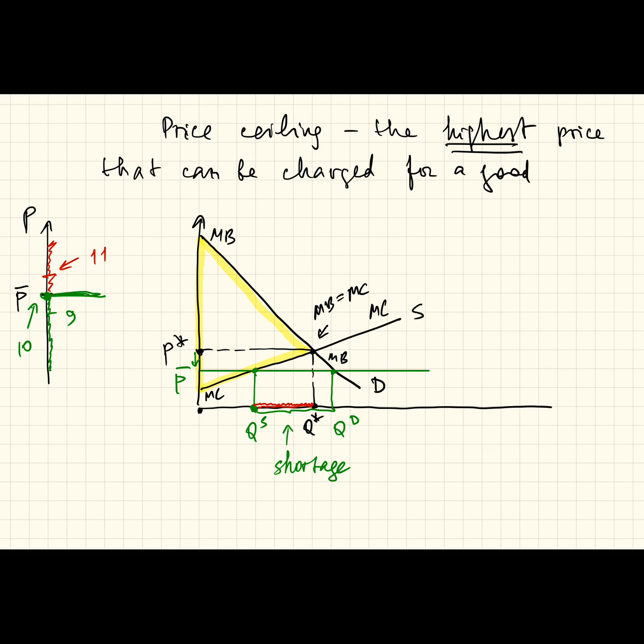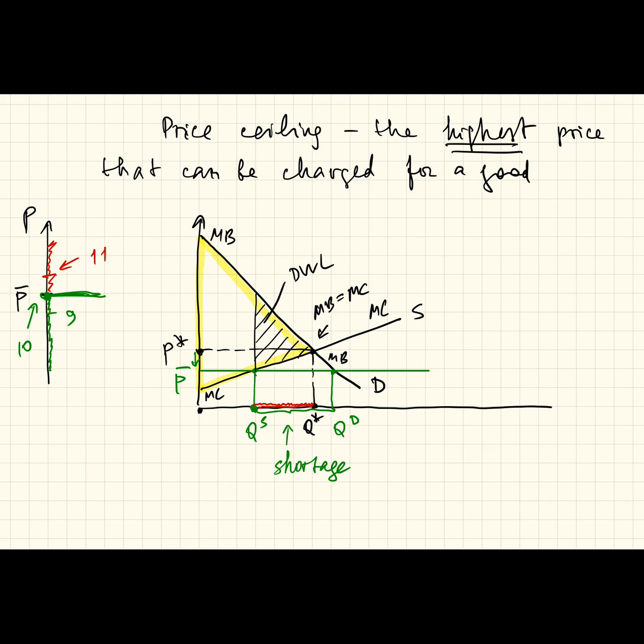If some of these units are taken out of production and consumption, we're losing this area of total surplus because we're not producing and consuming those units. And this is what we call deadweight loss. All right, how to calculate this deadweight loss?